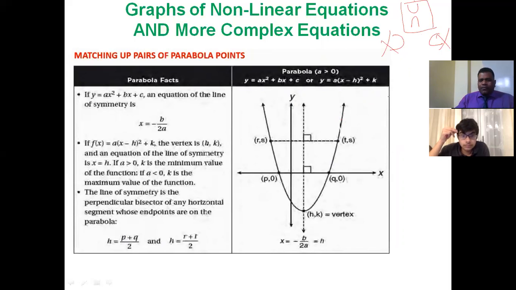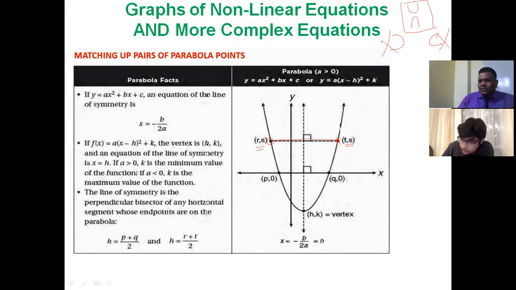Now it comes to the matching up pair of parabola points. First of all, let us say you get a point here, and you take a horizontal line, or you can say parallel to the x-axis, and you'll get another point here. The question is, if one point is given, how to get the other point?